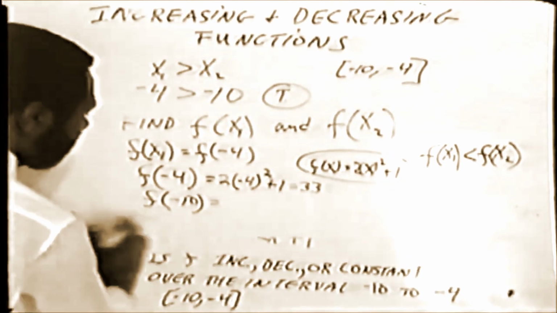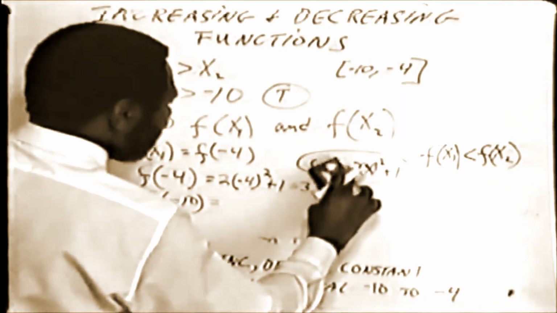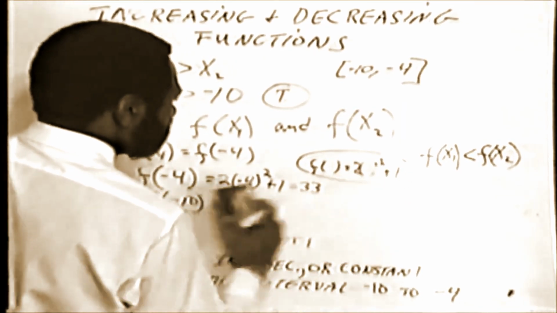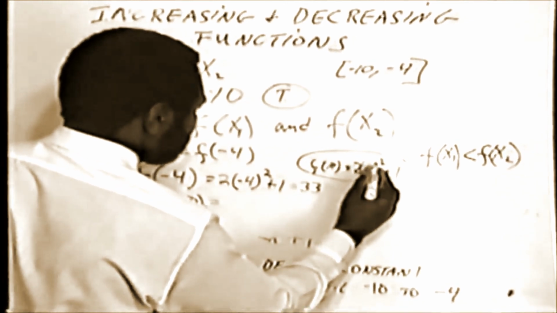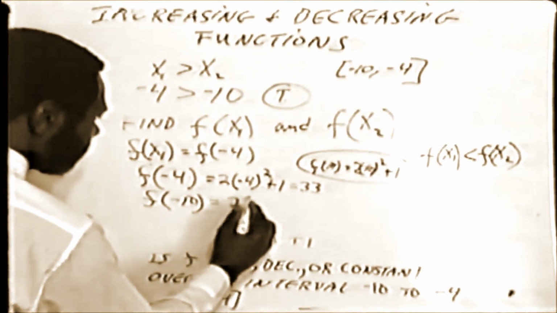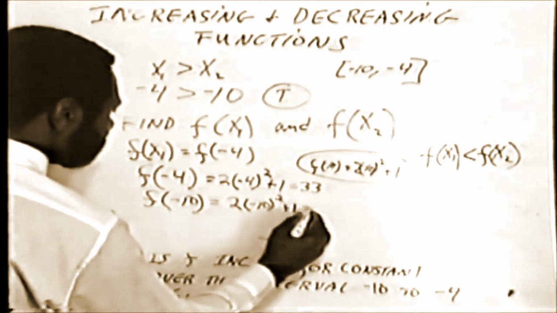Everywhere we have x in our equation, we substitute negative 10. So f of negative 10 equals 2 times negative 10 squared plus 1.